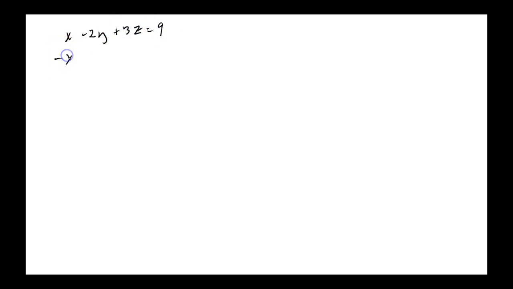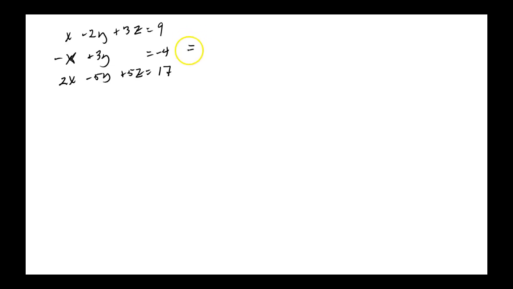Minus x plus 3y is equal to negative 4. 2x minus 5y plus 5z is equal to 17. Now, if you feel like some of these numbers look familiar, I think they use many times the same things over and over again. But try to do it as first.